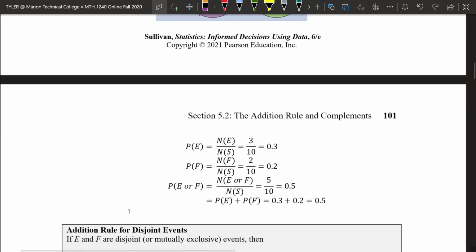The next one is looking at the probability of E or F. Remember, I could show this as the probability of E union F. The probability of E union F is equal to the number of things in E or F divided by the number of things in the sample space.